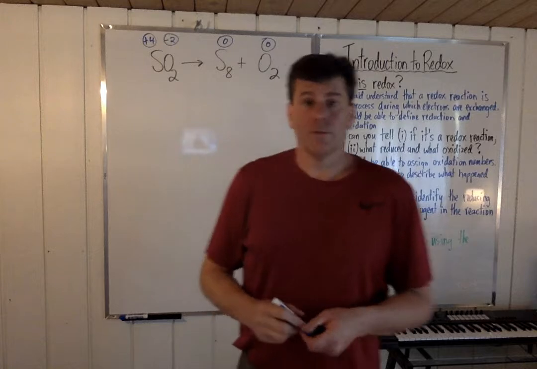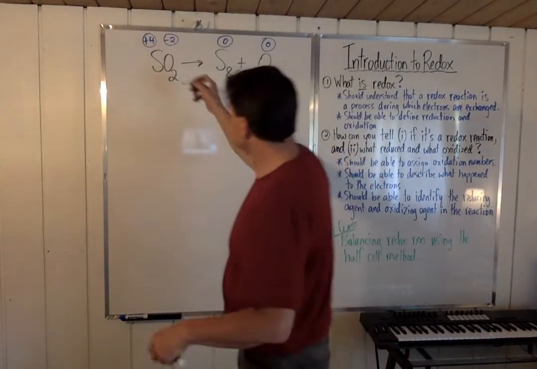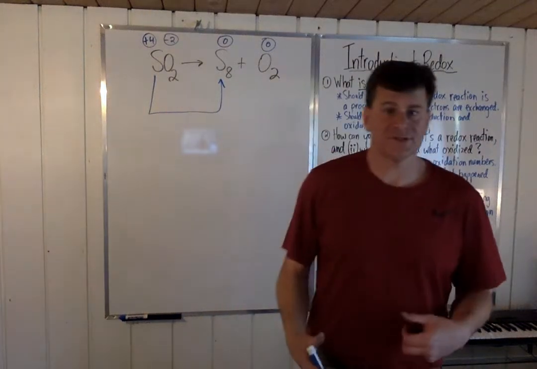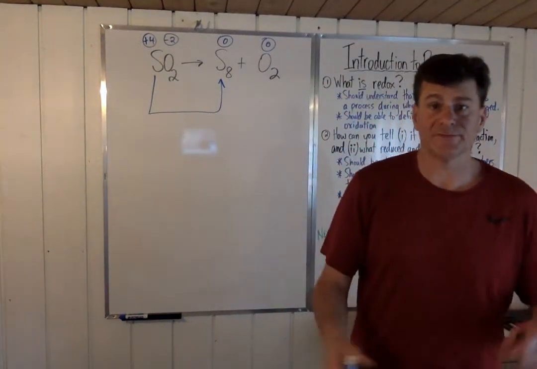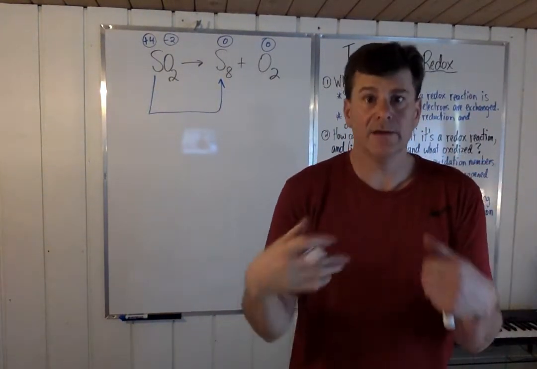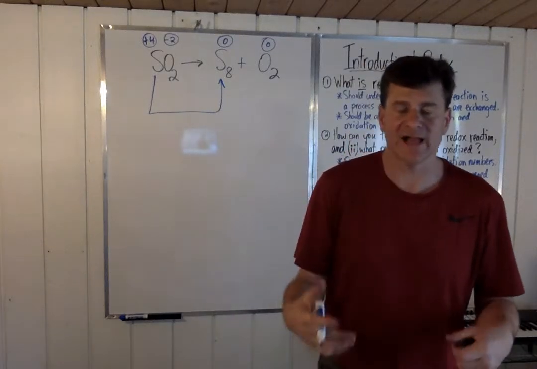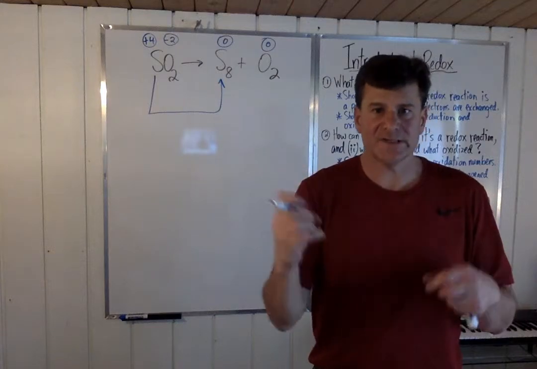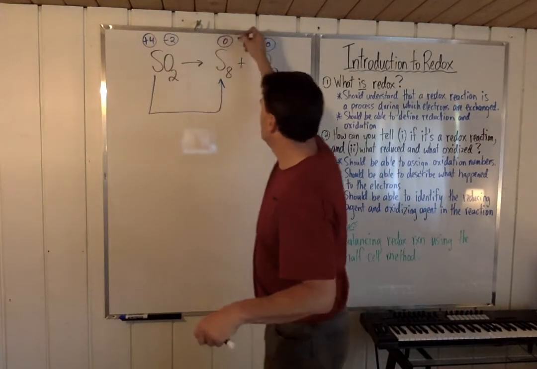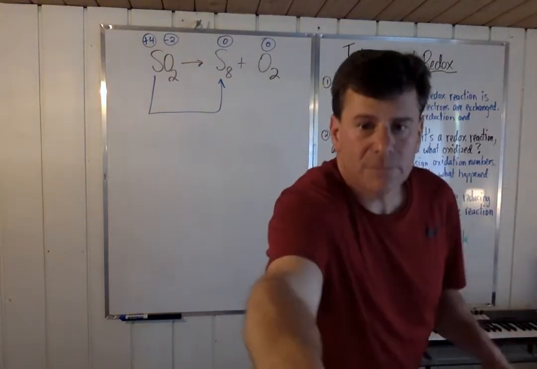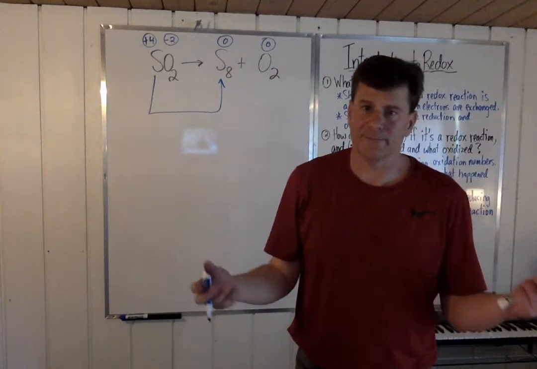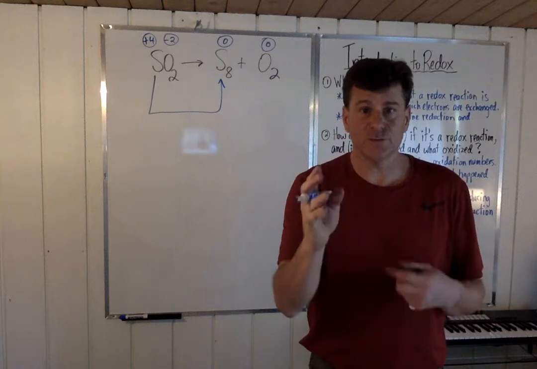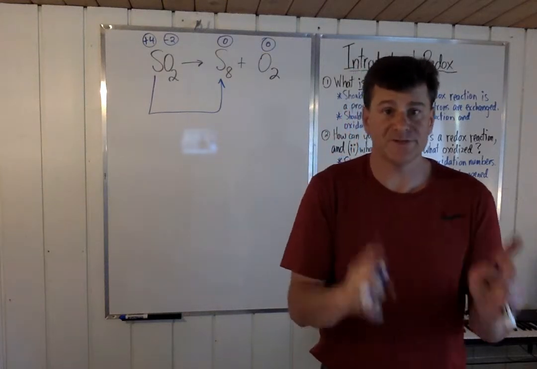So what actually happened here? Look at what the sulfurs did. Don't worry about how many, we're going to do that next class when we balance these redox reactions. Each sulfur went from +4 to 0. You might say that must have happened 8 times when we balanced this, but each individual sulfur went from +4 to 0.